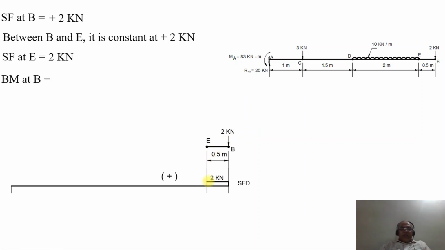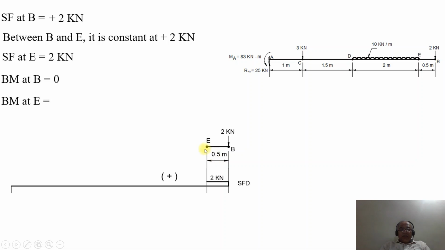Now, what will be the bending moment diagram? The bending moment at the point B will be equal to load into distance, as the load is acting at the point B itself. So the distance is 0. Therefore, the bending moment at the point B will be equal to 0. Now, what will be the bending moment at the point E? As the load is acting downward from the top, the beam will tend to bend in the clockwise direction.